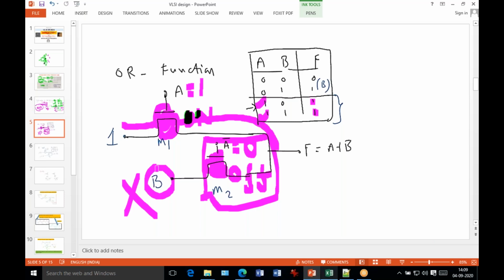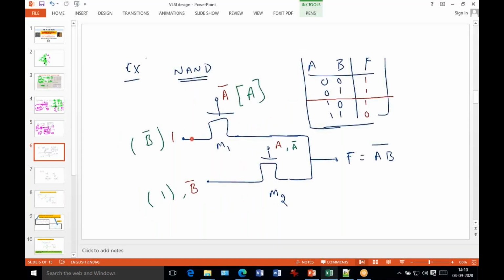NAND is, if any input is 0. Okay, so just I go for the designing, and then you be careful.